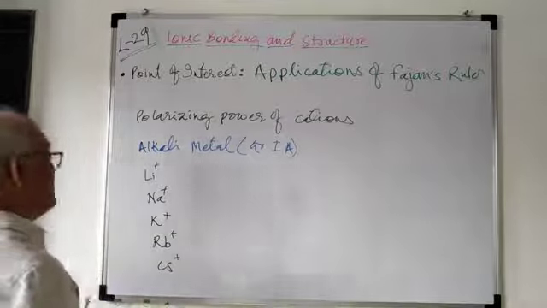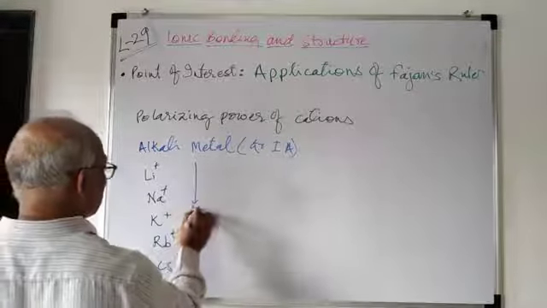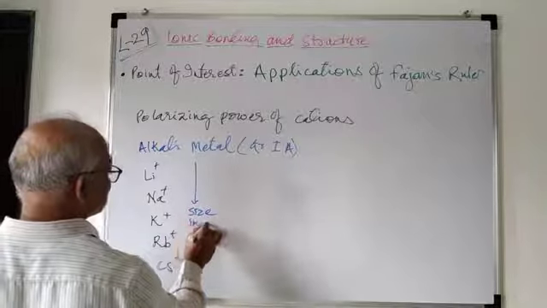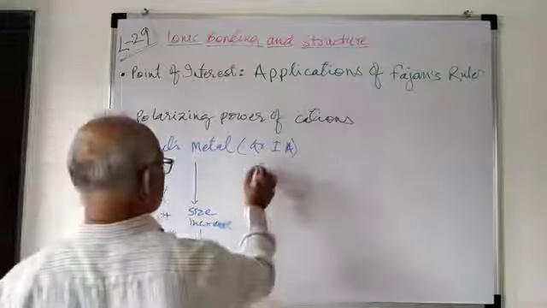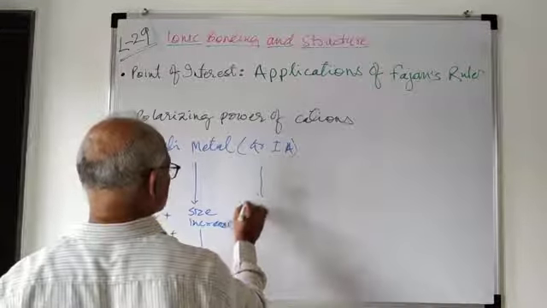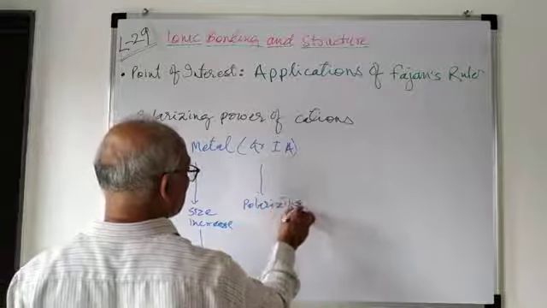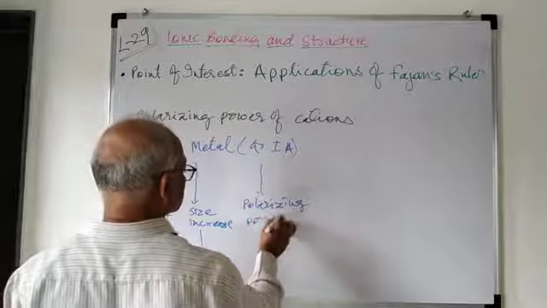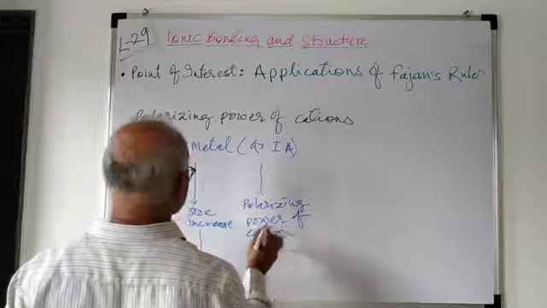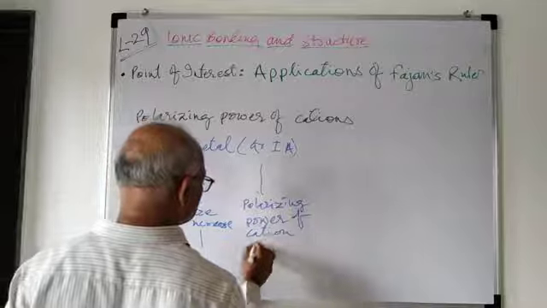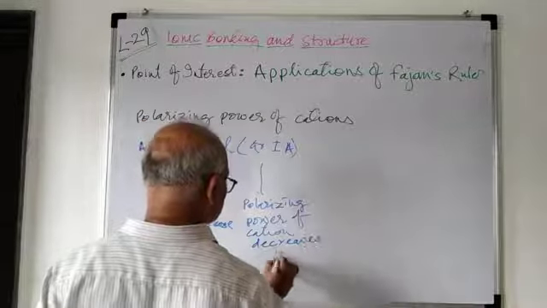Here you will find that the size increases in this direction, and the polarizing power of the cation decreases in this direction.